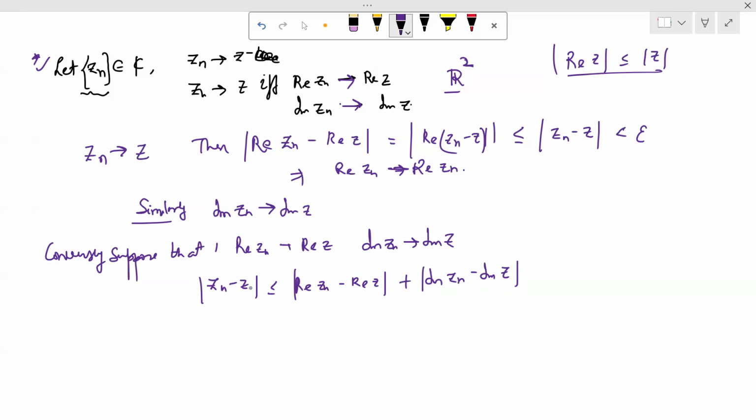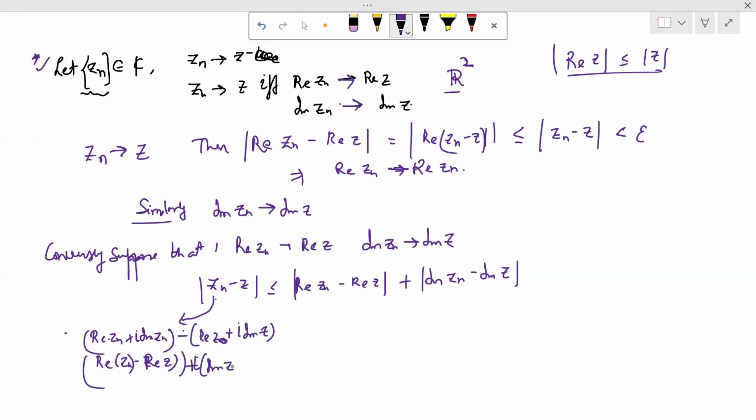so you already know this particular thing, that I can write Zn as the real part of Zn plus iota times the imaginary part of Zn, minus the real part of Z plus iota times the imaginary part of Z. Okay, and then I can write the real part of Zn minus the real part of Z, plus iota outside, the imaginary part of Zn minus the imaginary part of Z, and this whole modulus.